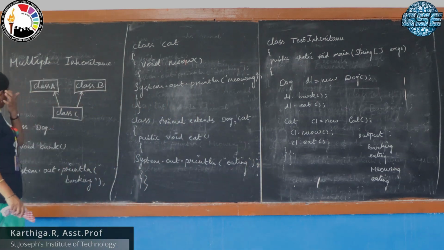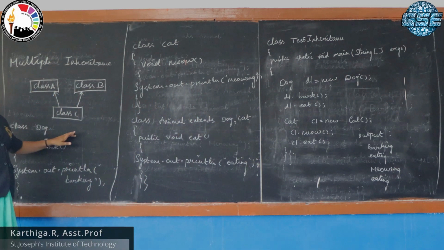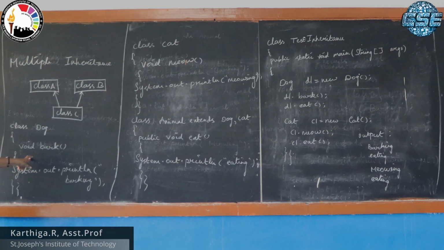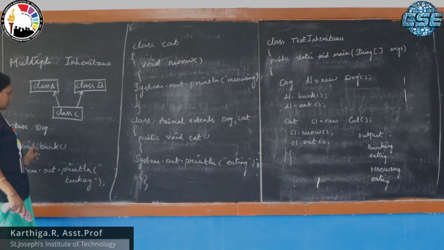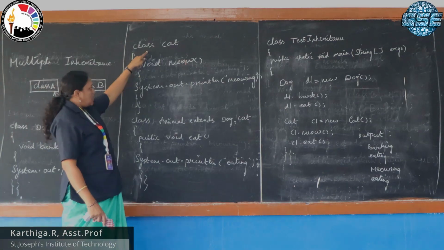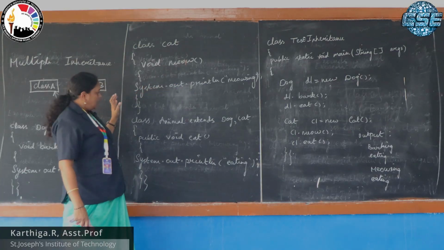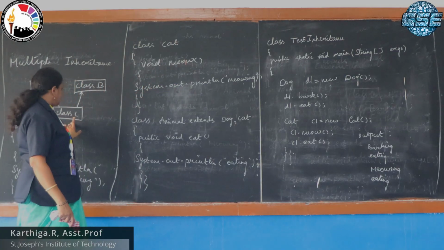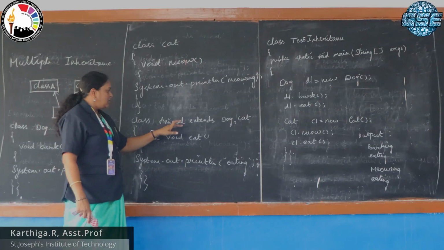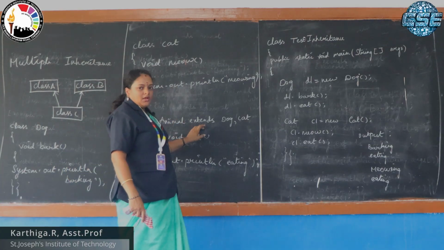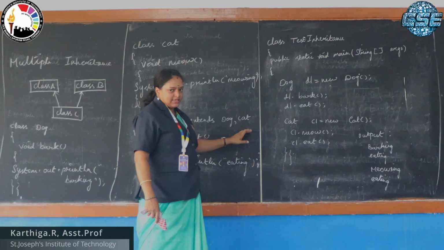So here class A, class B, class C. Here class A is Dog, inside that methods are declared. Then class B, that is class Cat, inside that methods are declared. Then see here class C. So class C is Animal, which extends the classes Dog and Cat.